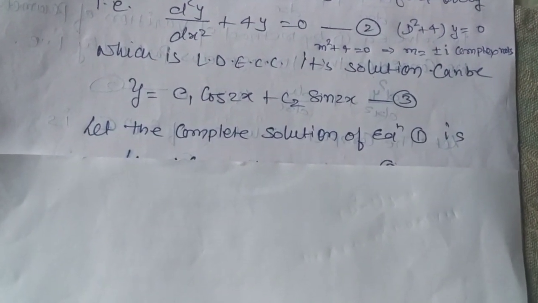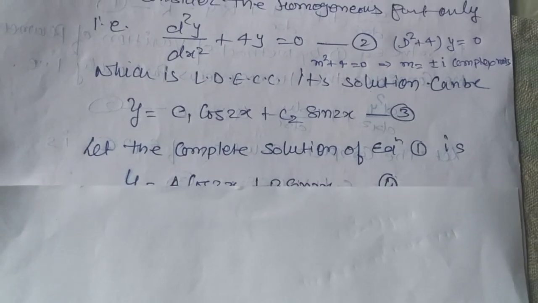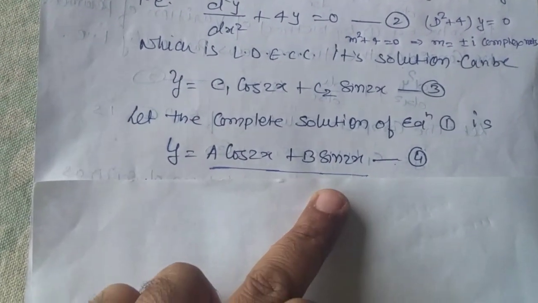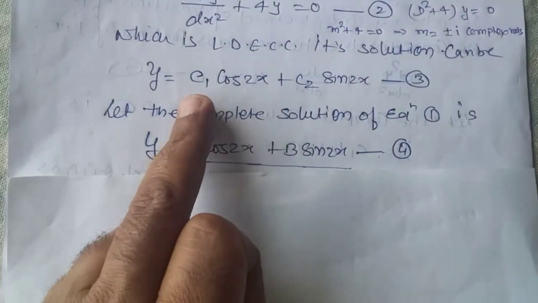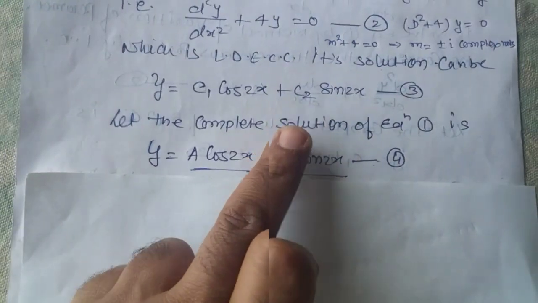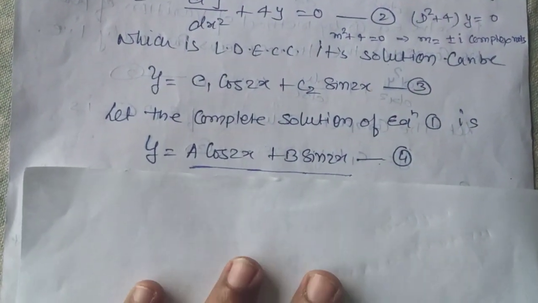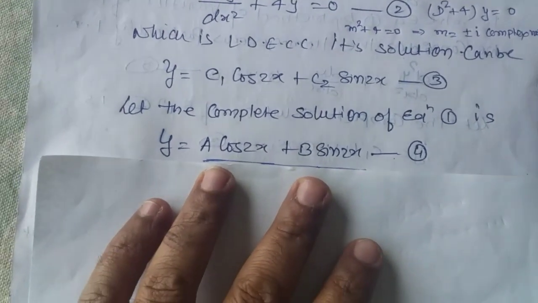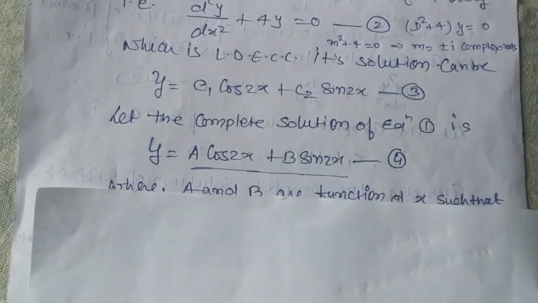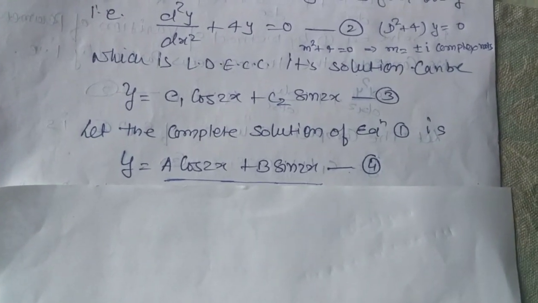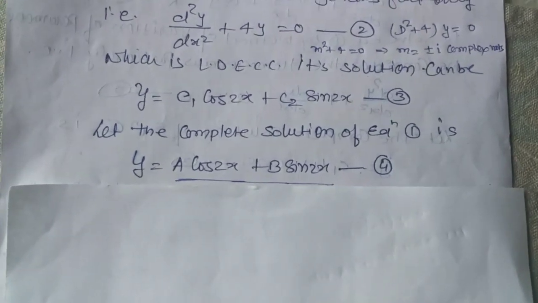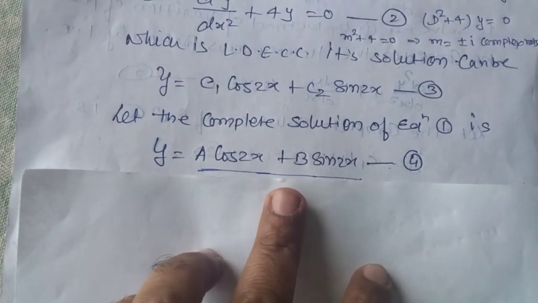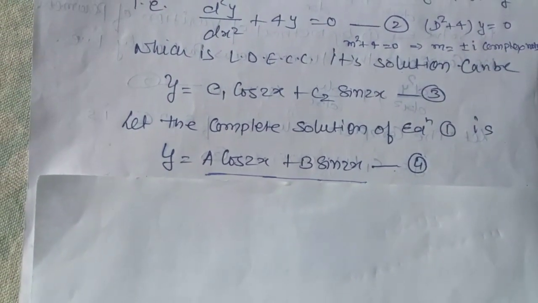So let the complete solution of equation 1 be y equal to A cos 2x plus B sin 2x, with C1 replaced by A and C2 replaced by B. C1 and C2 are constants, but A and B are arbitrary functions of x. So this is equation 4. We have to identify the values of A and B, and putting them in equation 4, we get the desired solution.